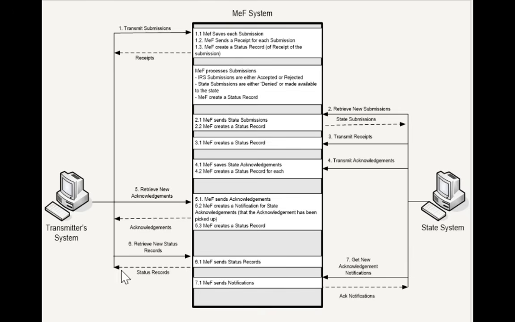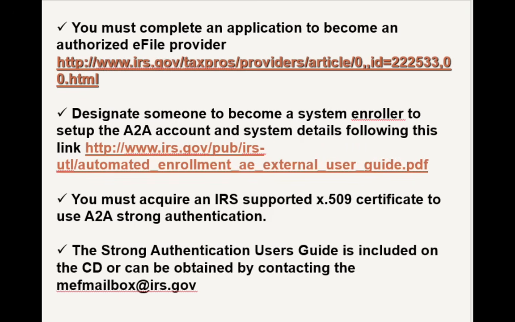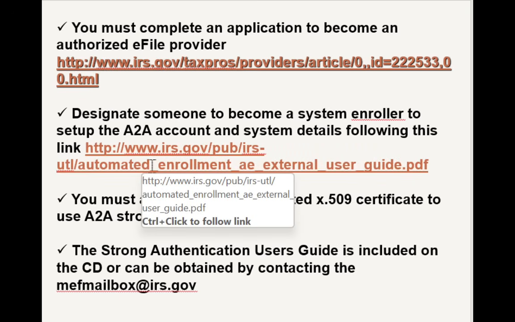The status record is sent, and in step 7, get new acknowledgement notifications, and MEF sends the notification over there. So this is the overall process of the MEF, which both the transmitter systems, either using IFA or the A2A, application to application interface, can use, and the same method could also be used by the state system as well.